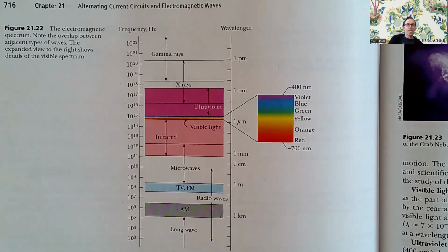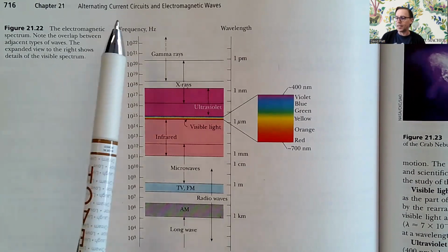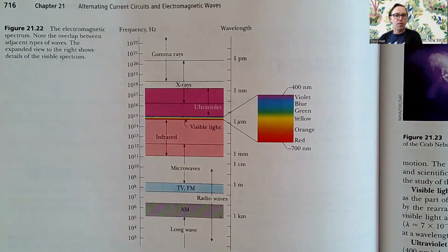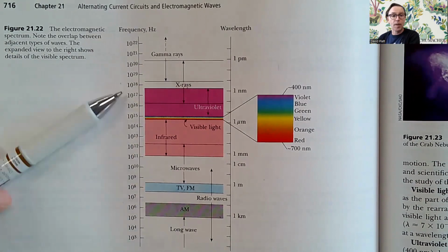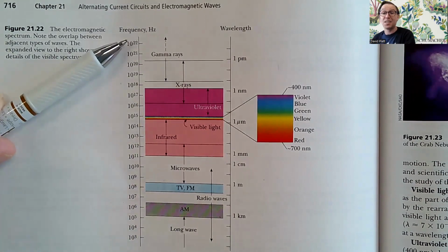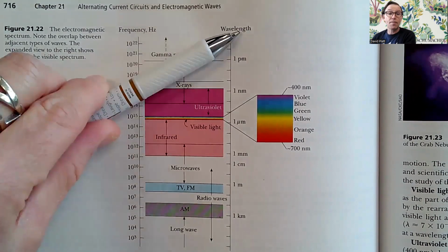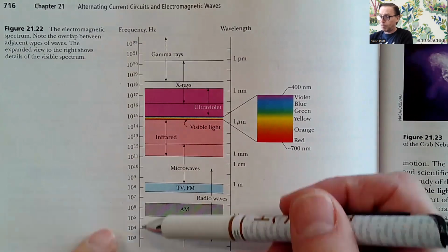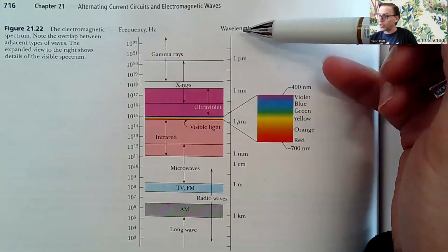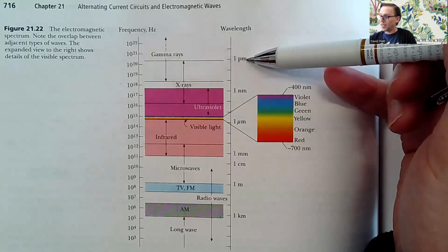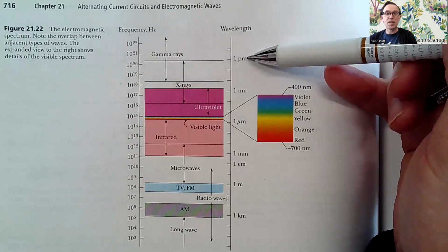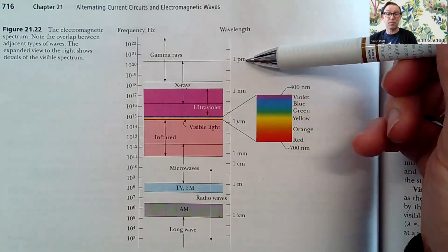But look at this. We have frequency listed on the left, and we're going from small frequency down here, 1,000 hertz, 1,000 cycles per second, all the way up to really large frequency, 10 to the 22nd cycles per second. That's a lot. This was big frequency, so this is small wavelength, less than a picometer. Pico means 10 to the minus 12th.